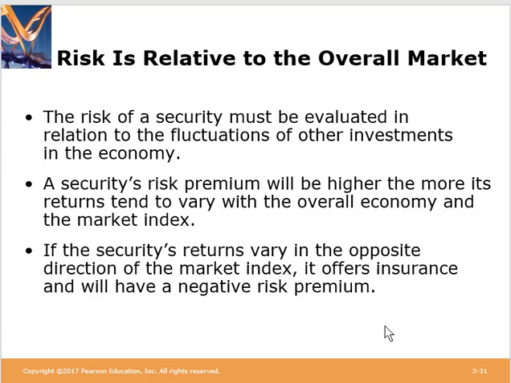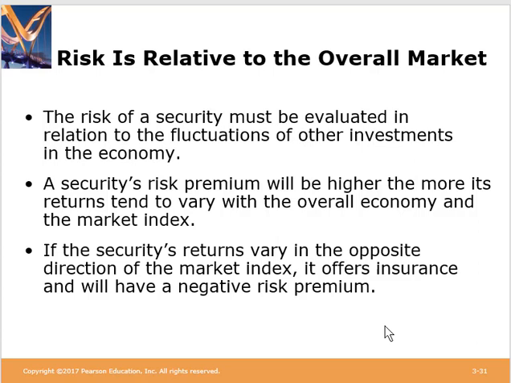Again, this is alluding to the concept of opportunity costs. Two opportunity costs that are the same have to have the exact same risk. They have the exact same returns. So a security's risk premium is going to be higher the more its returns tend to vary within the economy and relative to maybe a market index.